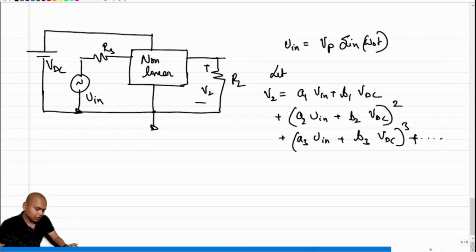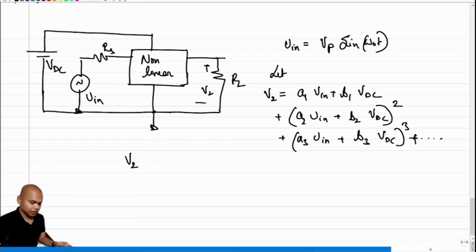So this is a generic polynomial type of nonlinearity. The values of A1, B1, A2, B2, A3, B3 and so on can depend on the type of nonlinearity within the box. So this was essentially an expansion of V2, not the power.